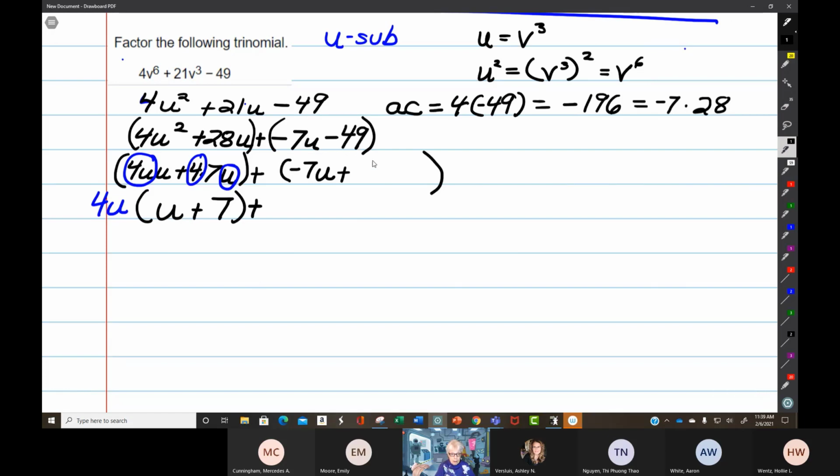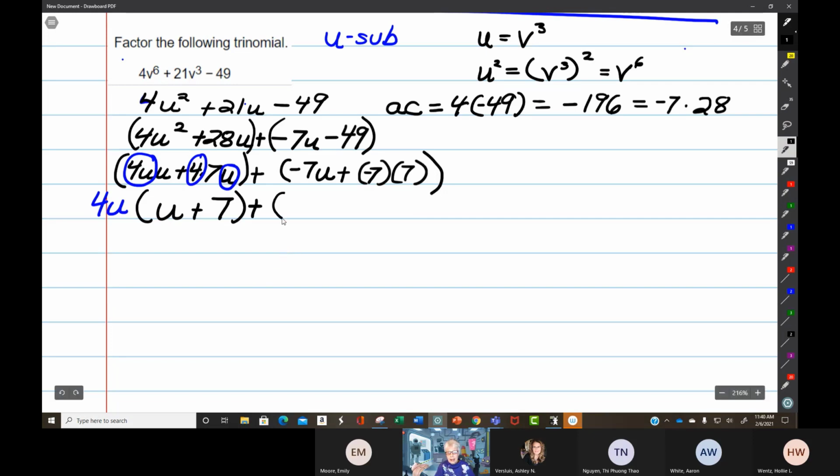There. Plus 7, negative 7 times positive 7. That's what negative 49 is.